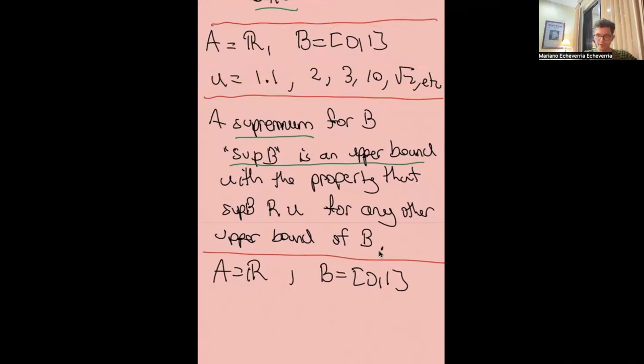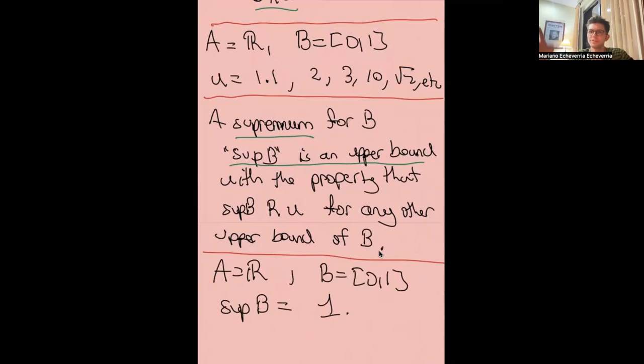Yes, someone answered correctly in the private chat. Because 1 is a number that's larger than or equal to any other number in the interval 0, 1. You cannot choose something smaller than 1, because the moment you do, you are excluding elements from the interval.